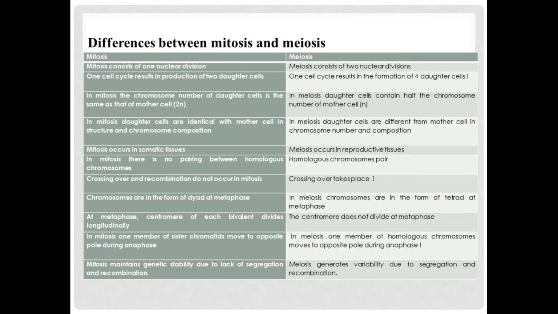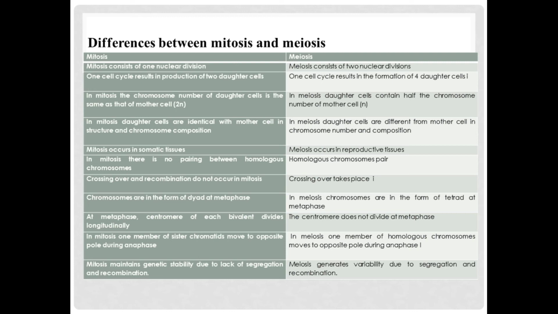What are the differences between mitosis and meiosis? Mitosis consists of 1 nuclear division, whilst meiosis consists of 2 nuclear divisions. In mitosis, 1 cell cycle results in the production of 2 daughter cells, whilst in meiosis, 1 cell cycle results in the production of 4 daughter cells.